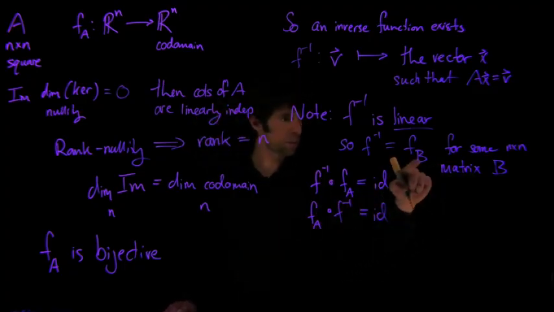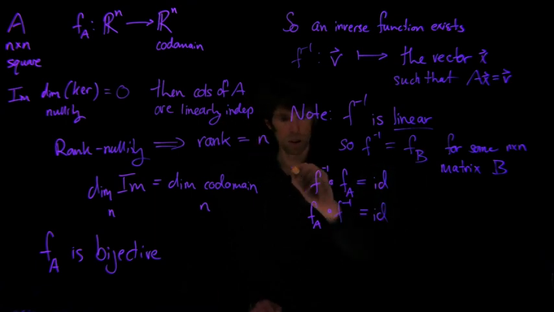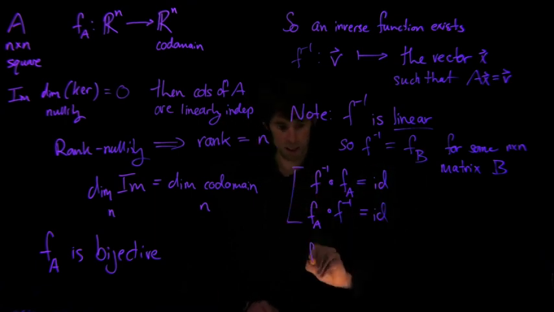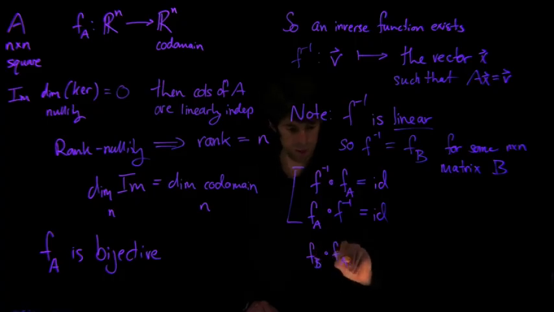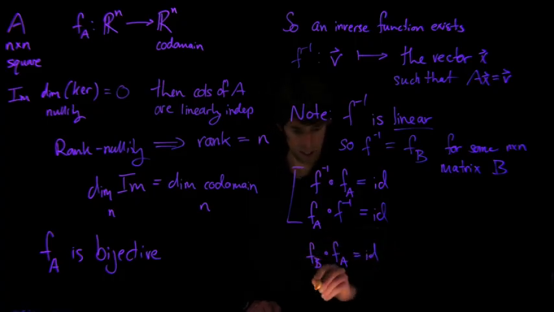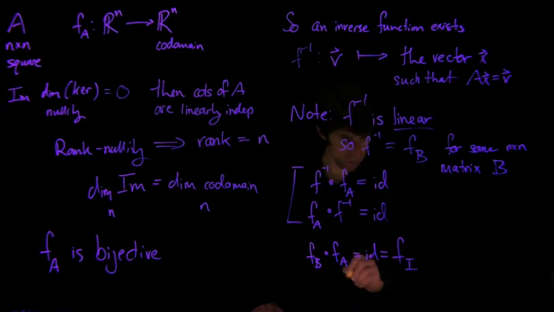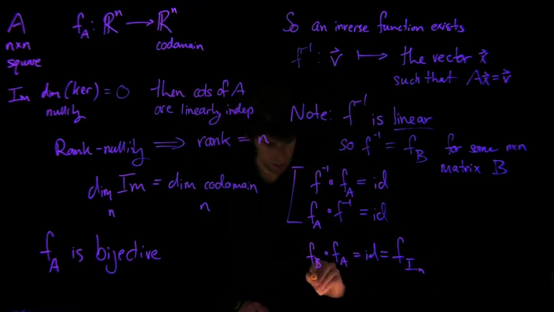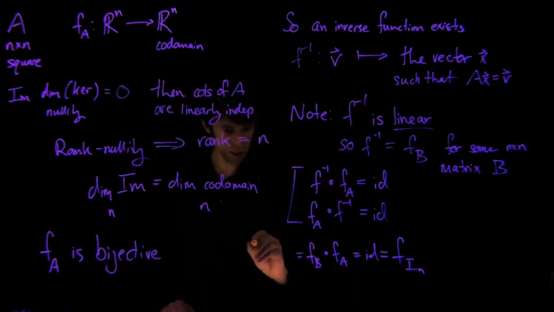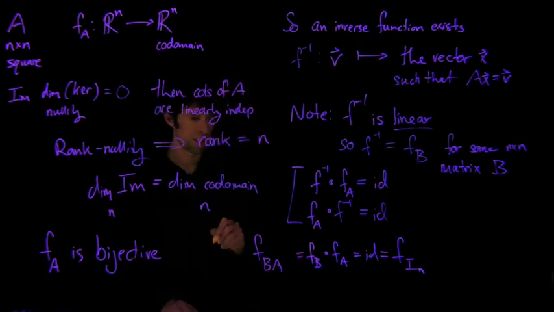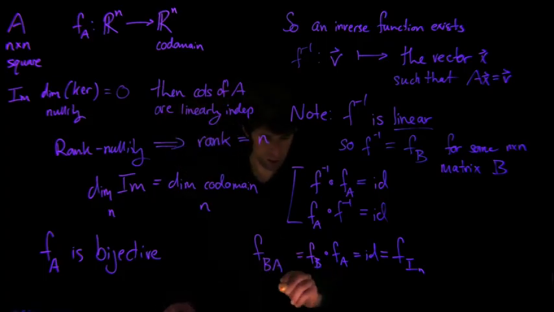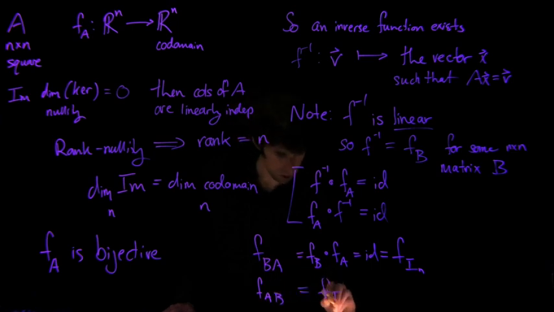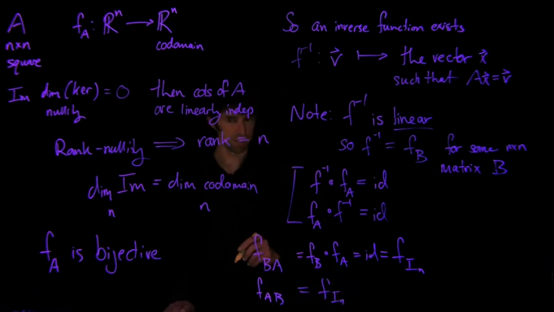But f inverse is f sub B, so I can rewrite these two conditions as f sub B composed with f sub A is the identity, which, by the way, is the linear map corresponding to the identity matrix. And this is also the linear transformation corresponding to the product of these two matrices. And similarly, we have f sub AB is equal to the identity matrix.